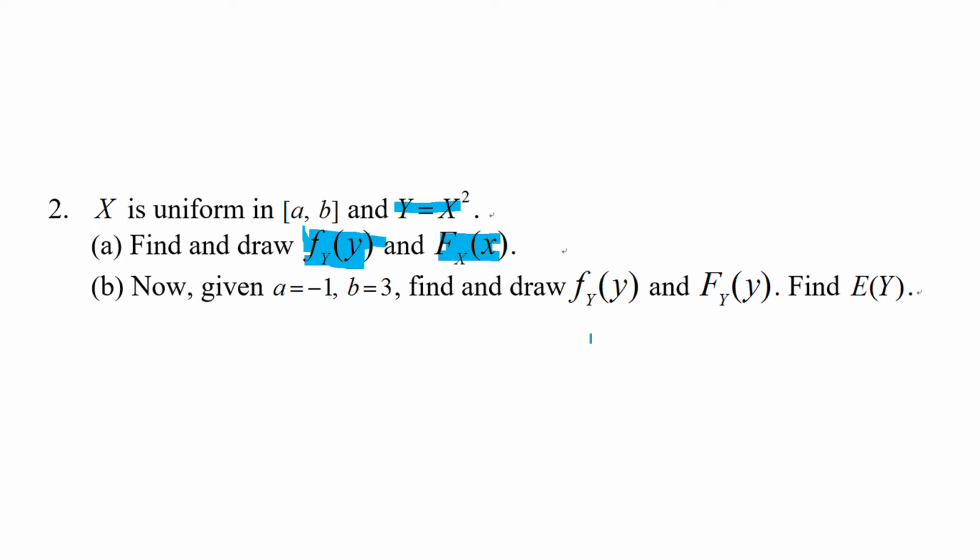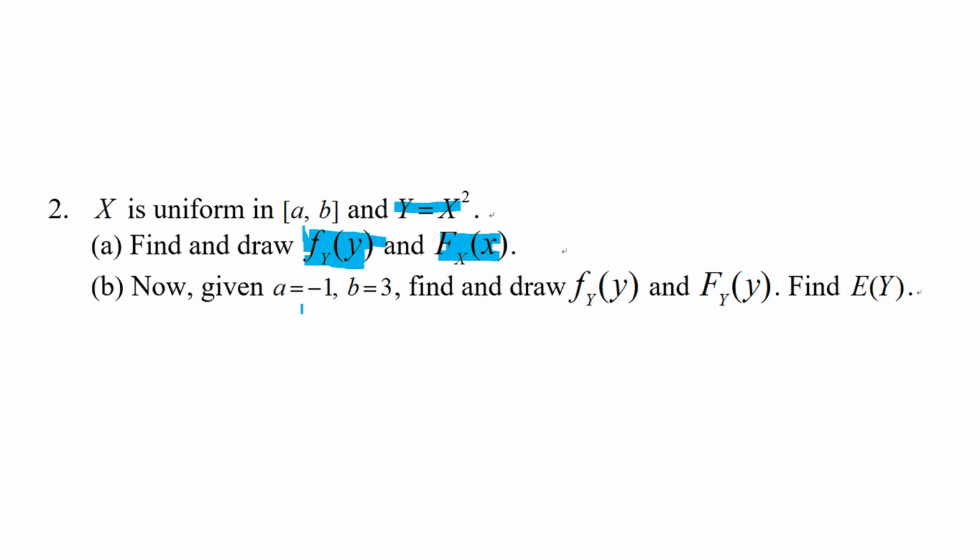The second question is, given that a equals -1 and b equals 3, find and draw f_Y(y), the probability density function of y, and the distribution function of y, and find the expected value of y.